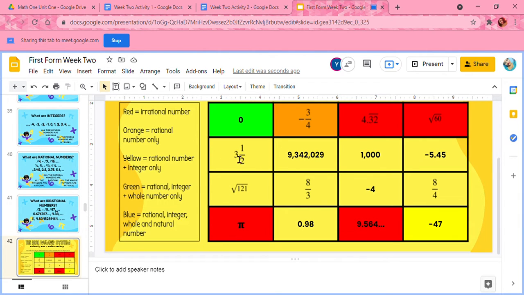3.5. What kind of number is 3.5? Rational. Okay, is it rational only, or is it rational and something else? Rational numbers and integer. Are we sure?